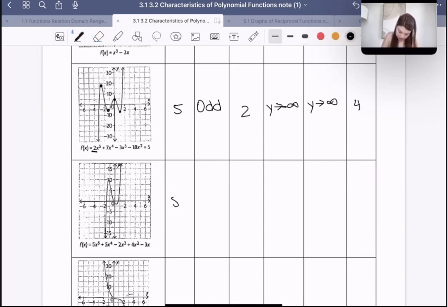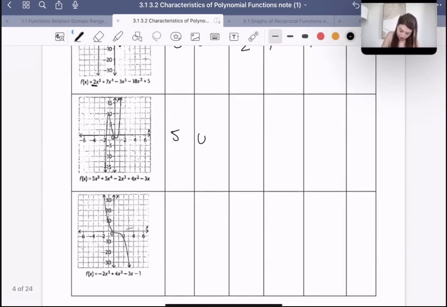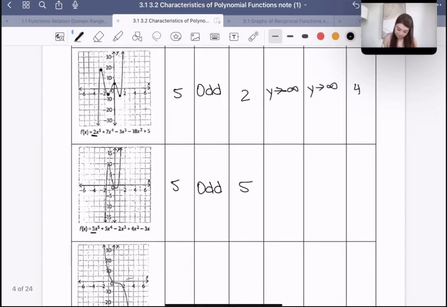That is an odd degree. Our leading coefficient is 5, which means that it's positive. So therefore, as x approaches negative infinity, y also approaches negative infinity, which we can also tell from the graph too. And as x approaches infinity, y approaches infinity.